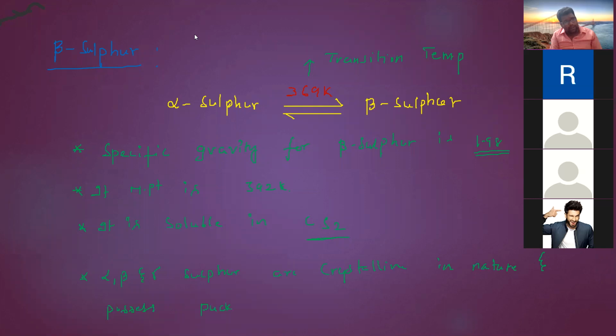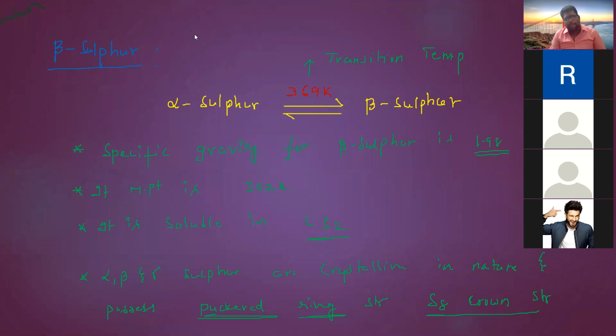Puckered, P-U-C-K-E-R-E-D. Puckered means crown, so puckered ring structure means S8 crown structure. This point is very important, students. So which one is the puckered ring structure? All the allotropic forms of sulfur mainly have puckered ring structures like the S8 crown. We'll explain the structure. Completed.